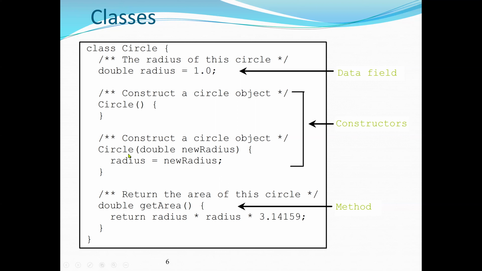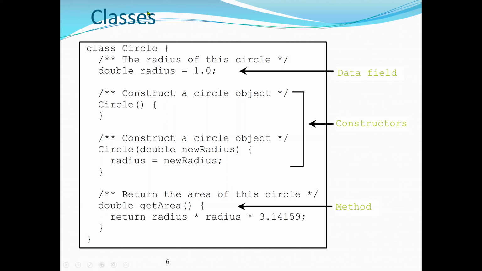So anytime we invoke this constructor with a parameter, whatever the value of the parameter is will be the value of the radius. Then in our Circle class, we have only one method, which is get area. This method will find the area of a circle. We know the formula for the area of a circle is radius squared times pi. So we have radius times radius times the pi value.